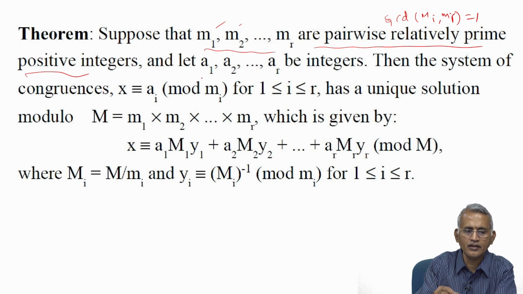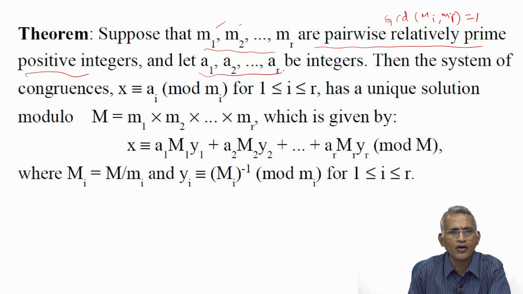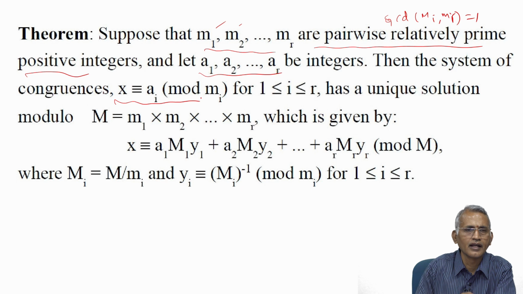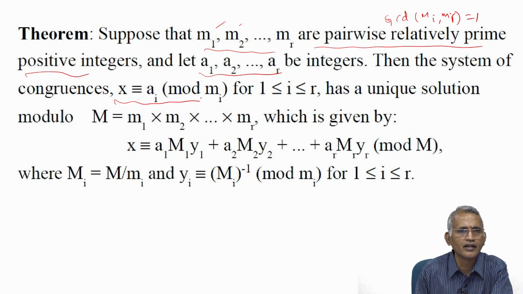Next assumption: let a1 to ar be integers. The system of congruences, x is identically equal to ai under modulo mi for 1 less than or equal to i less than or equal to r, has a unique solution.